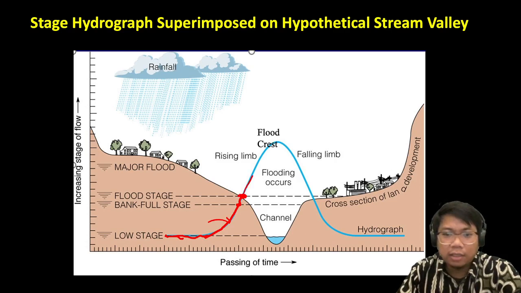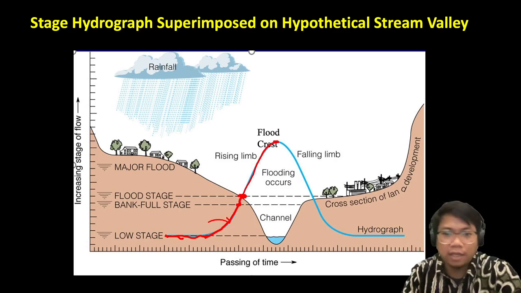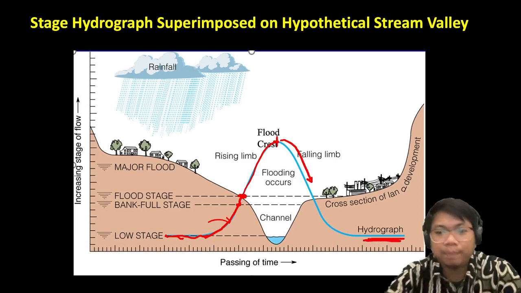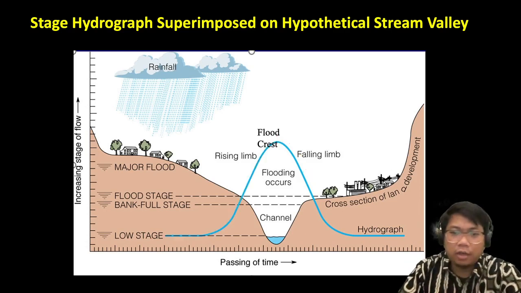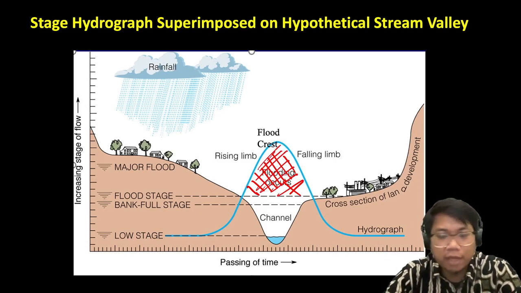Everything here is the flooding event, and this will be the flood crest. This is the highest level that the water reaches during flooding, and from this point on, it will fall again to the normal level down below. Everything within this line represents the duration of the flooding event.